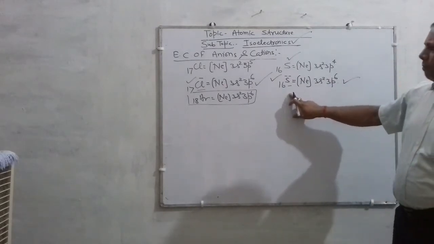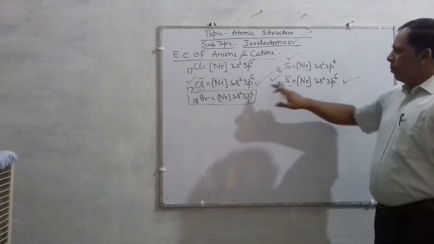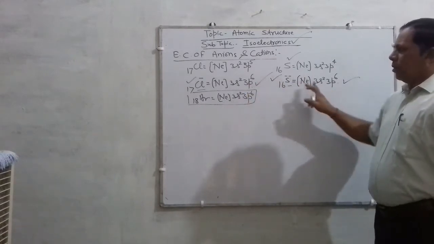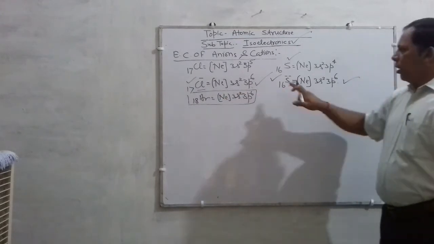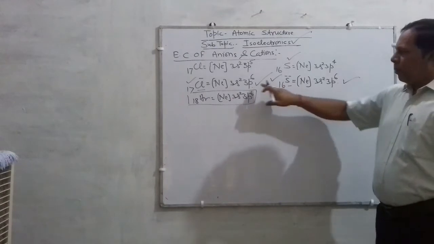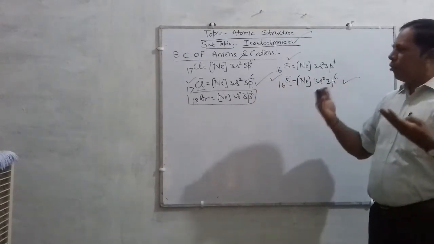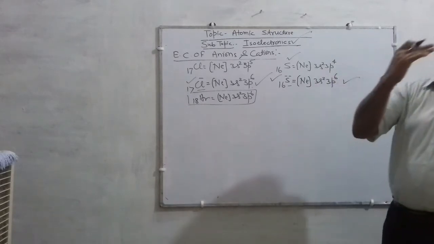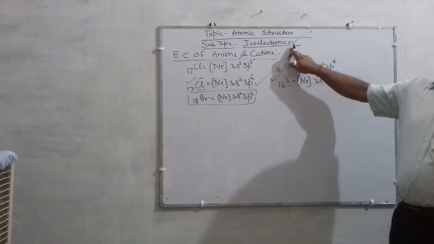Children, listen. Such species which have the same number of electrons. In Cl minus there are 18 electrons. In S minus 2 there are 18 electrons. So the number of electrons is the same and the electronic configuration is also the same. Then such types of species are known as isoelectronic.